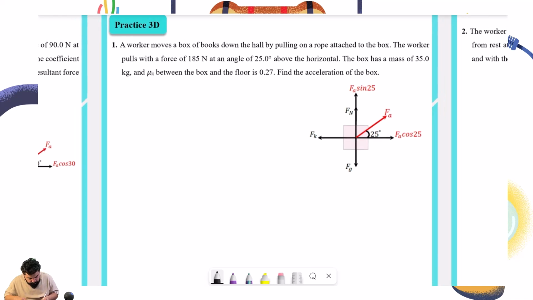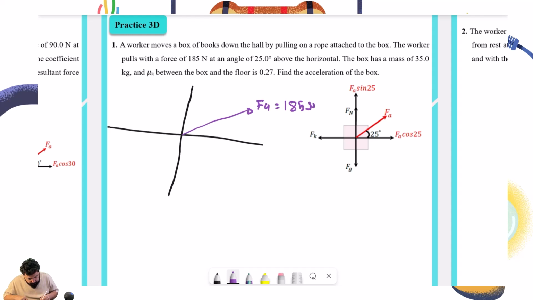So you have a worker that is trying to pull a box. The Fa he applies is equal to 185 Newton. The angle that it makes is equal to 25. The mass of it is equal to 35 kilogram.